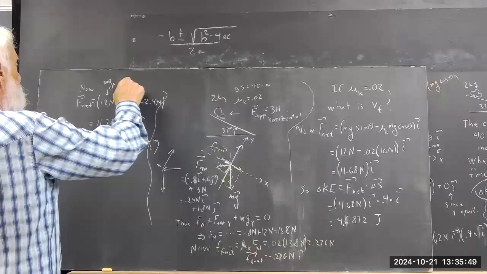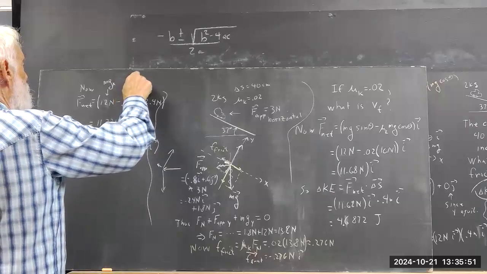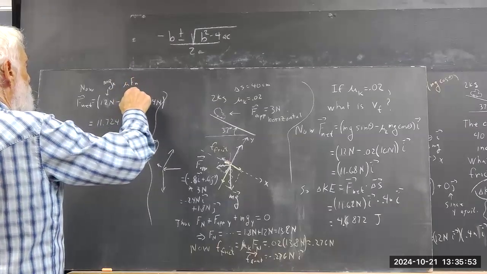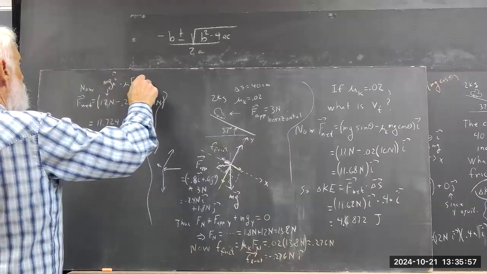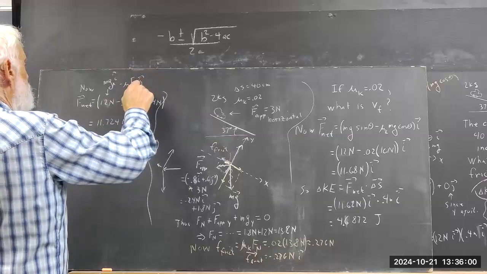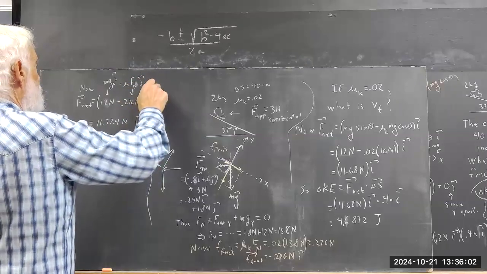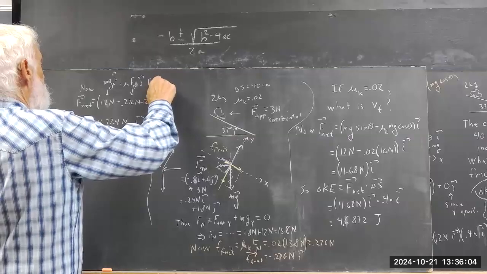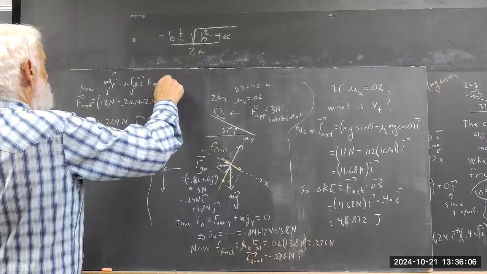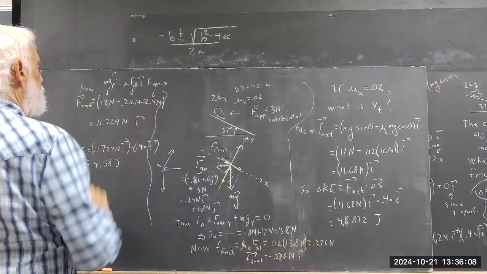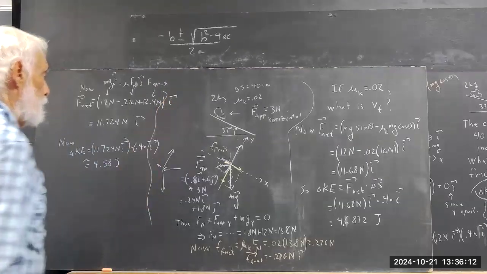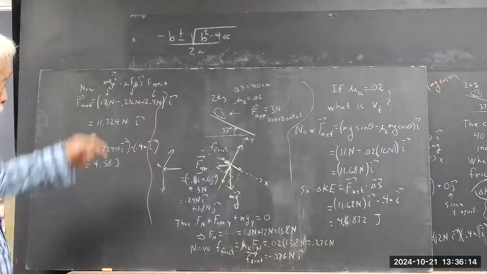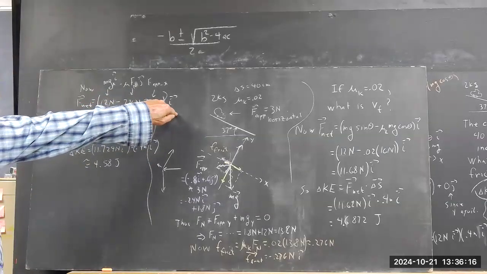This is mu times the normal force times J. And this is the X component of the applied force. And all those get added up to give you the net force in the I direction.